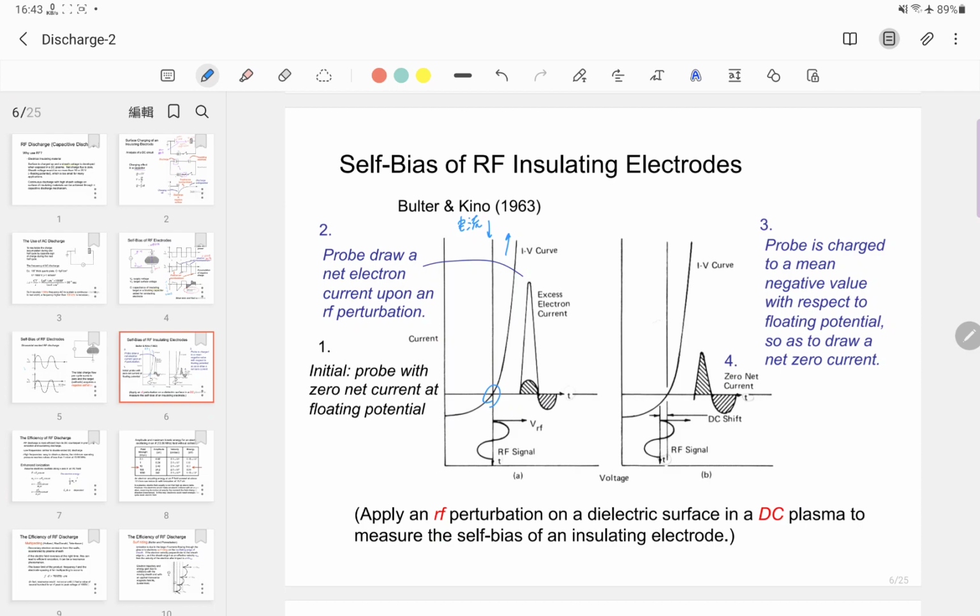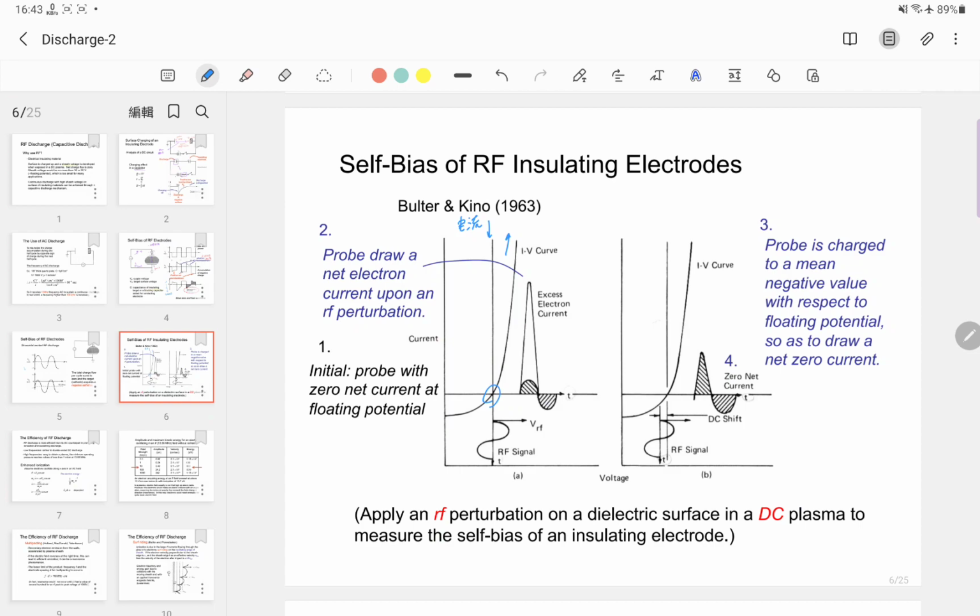So because in this cycle we already know the probe collects extra electrons compared to the ions in one cycle, the probe will become negatively charged after you pass the RF signal. Right. At the beginning, the probe is at floating potential, so there is no net charge. Positive charge and negative charge are equal.